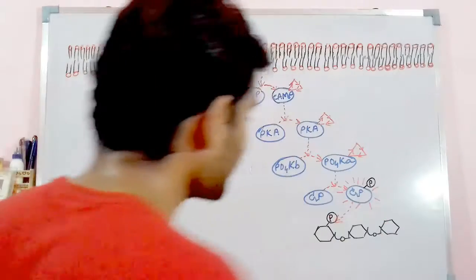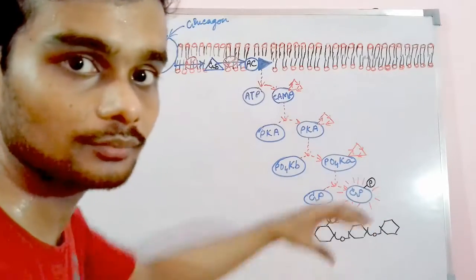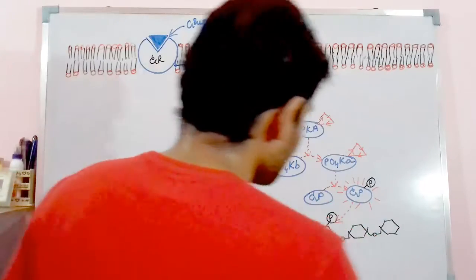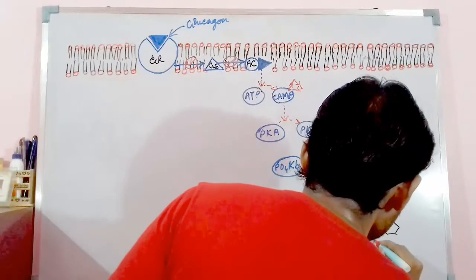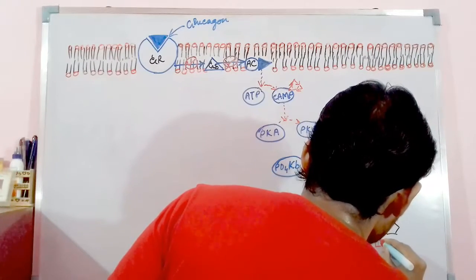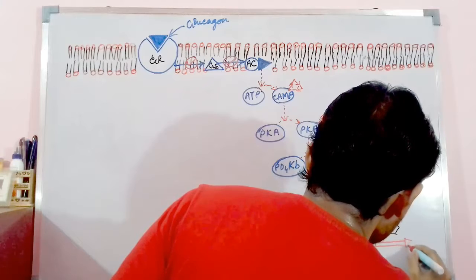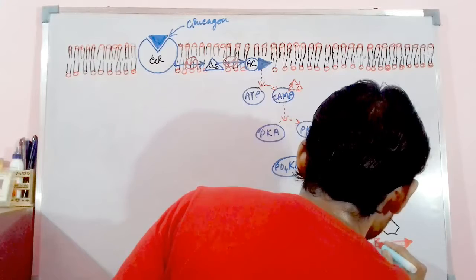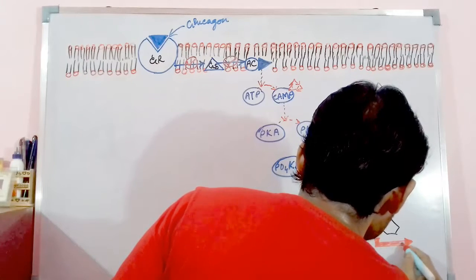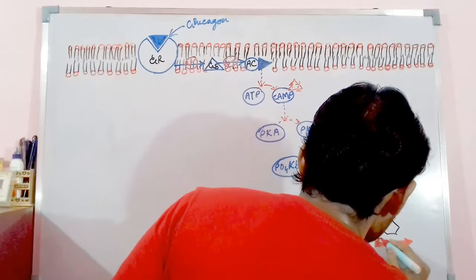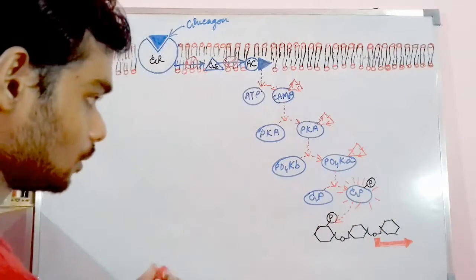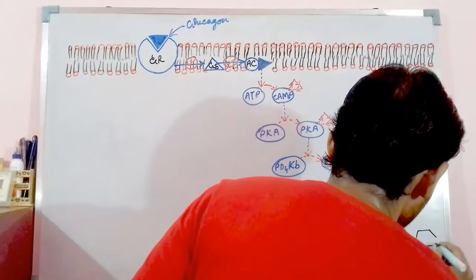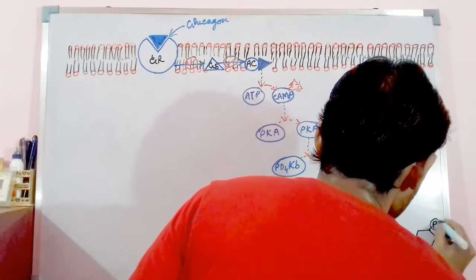And now once the phosphate group is attached to the glucose units of the glycogen polymer, this phosphate group, or radical, would help in breaking down the glycogen polymer to the glucose molecule, along with the phosphate group.